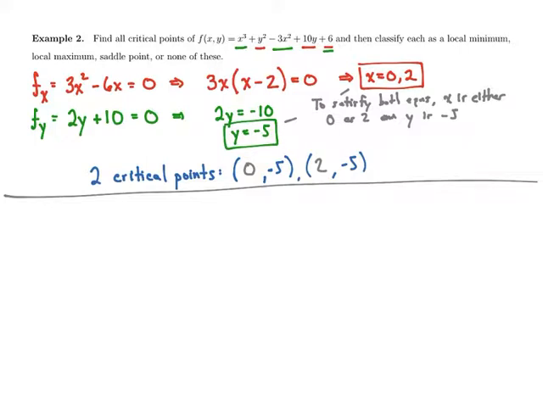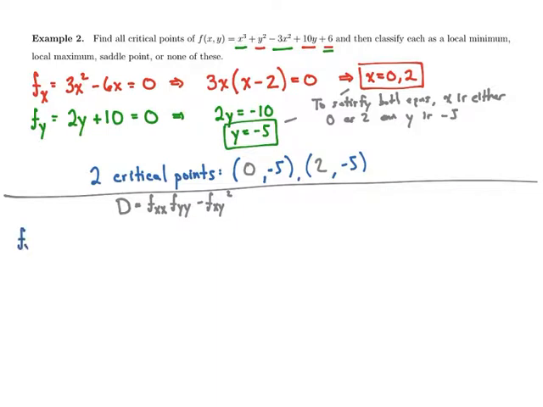So the second derivative test, to review, is going to use this special value D, which is looking at fxx times fyy minus fxy squared. And we're going to look at whether that value is positive or negative. So that means that we need to find all 3 of those second order partial derivatives.